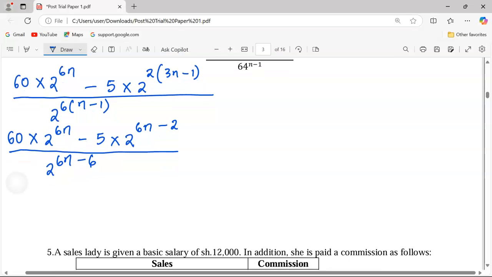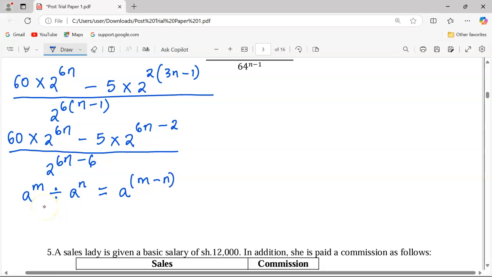Now at this point, I have to go to the law of indices, actually the second law, the division law of indices, which says in case we have a power m being divided by a power n, we usually solve this one by simply taking a and the powers are subtracted.